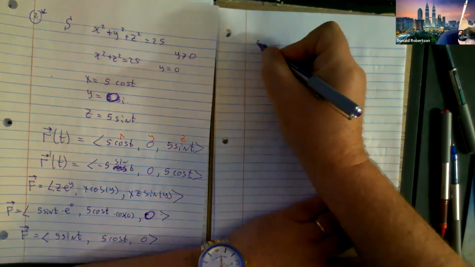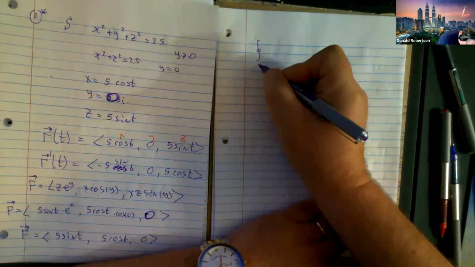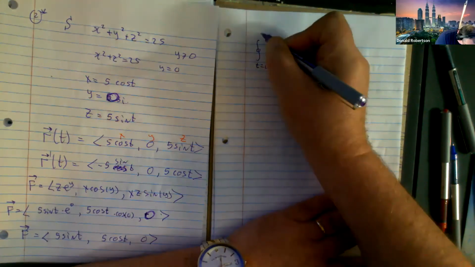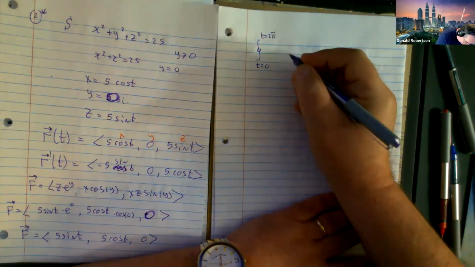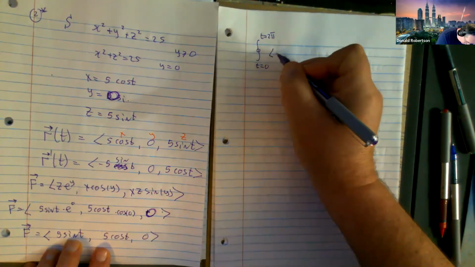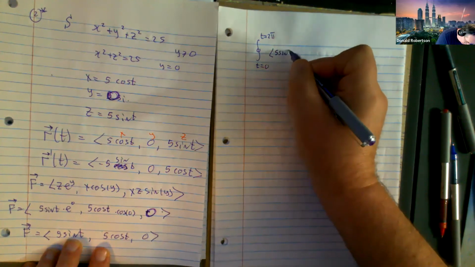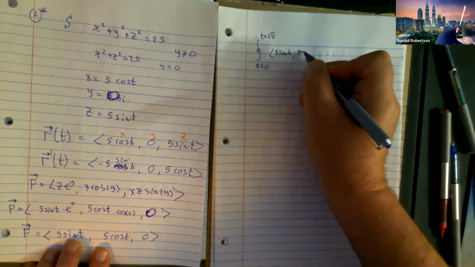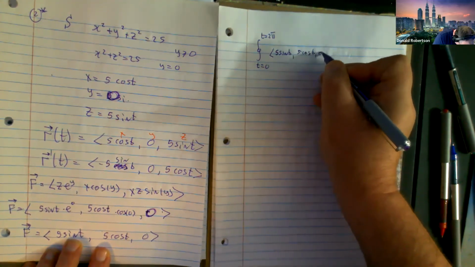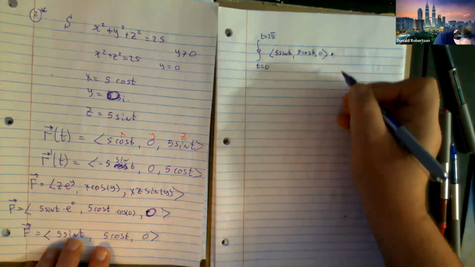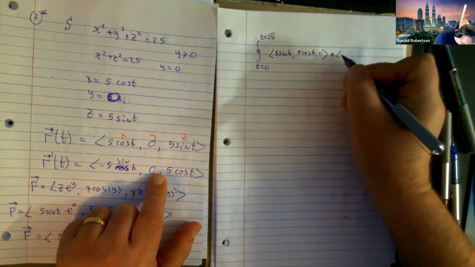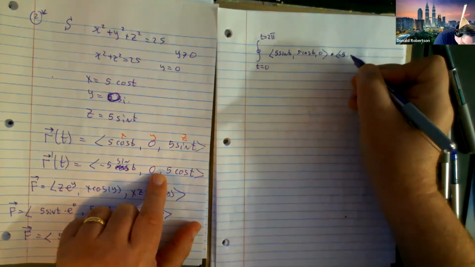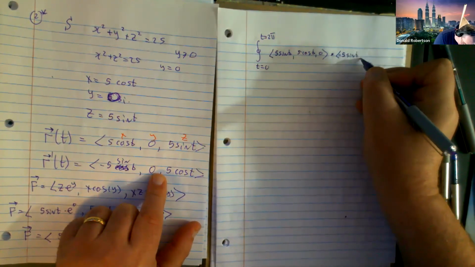So we're going to be doing an integral from t equals 0 to 2 pi because it's a whole circle. We're going to be doing f, which is this guy, dot product with the derivative of the space curve, dt.